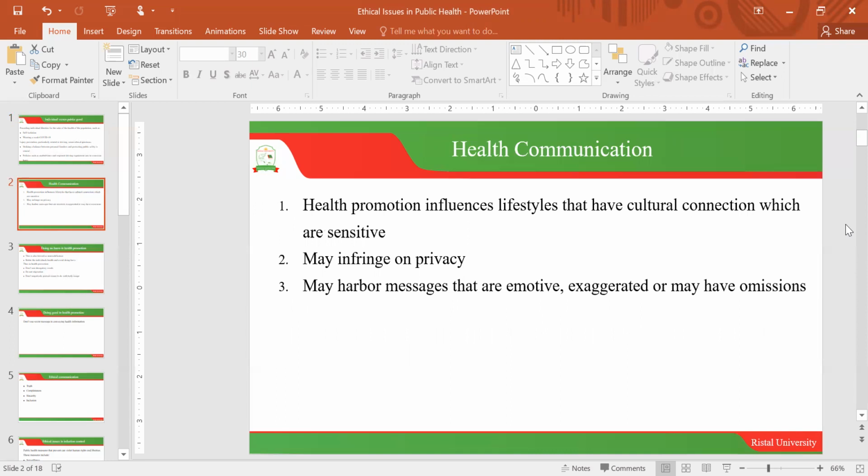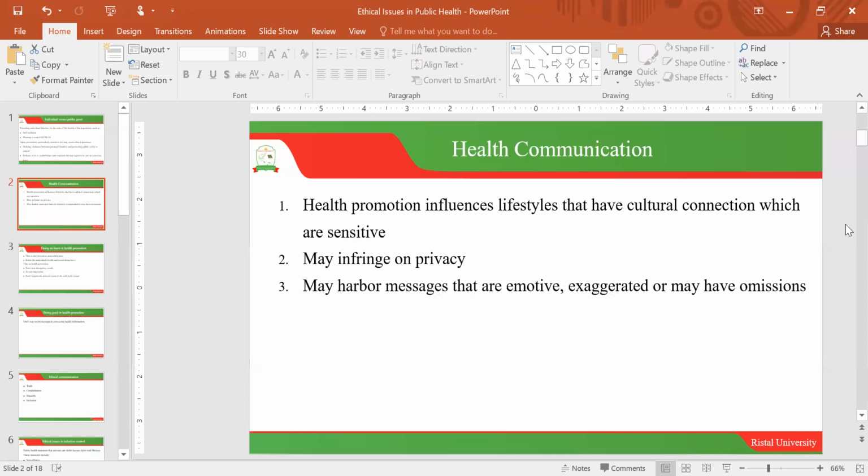When you are sending a message to people out there about a health behavior and you want them to change, you need to be very careful in crafting that message, because the message can be very sensitive and actually violate cultural norms and practices of a particular community.